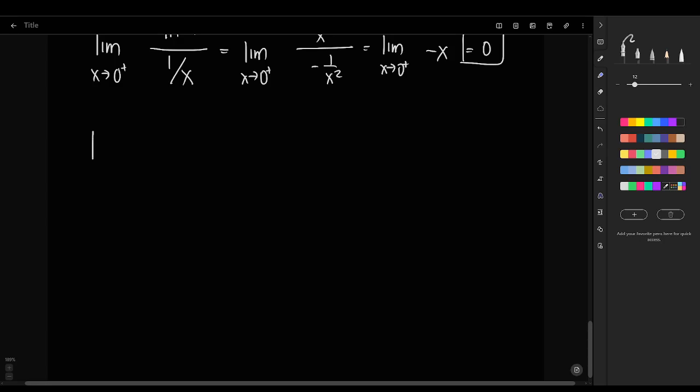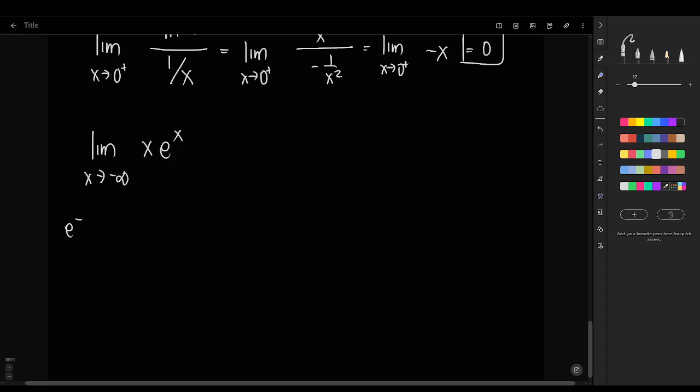The limit of x times the exponential of x as your x approaches negative infinity. Negative infinity.